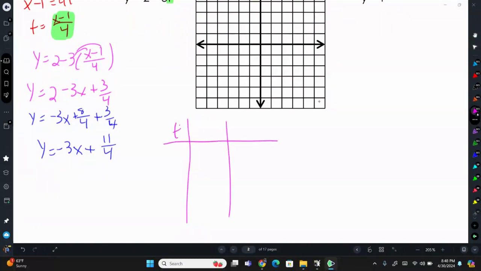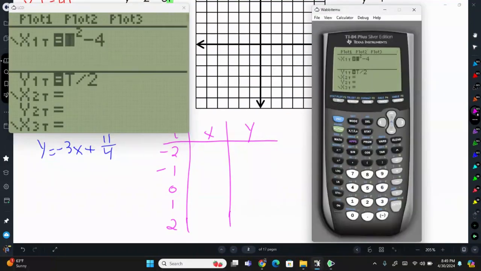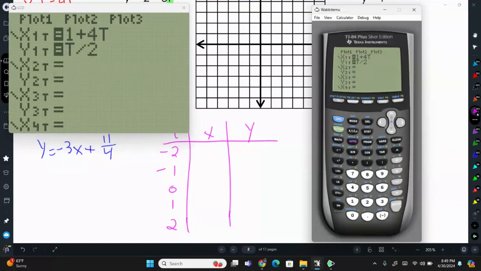and for t, x, and y, so negative 2, negative 1, 0, 1, 2. So our first equation, x was 1 plus 4t. And then our second equation was 2 minus 3t.